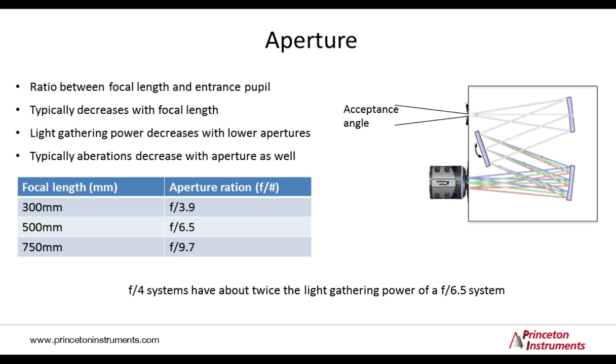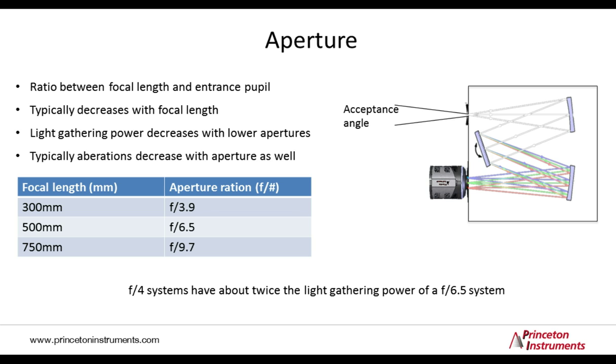The aperture ratio typically decreases with focal length, and the way this is important for coupling light in is that the light gathering power of a system decreases with lower apertures, and I will present some more examples of that in just a little bit. Typically, aberrations in spectroscopy, as we will see in a couple of slides, decrease with aperture as well.